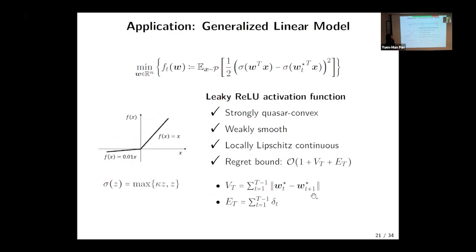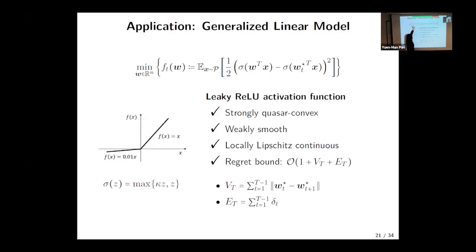Now let's look at some applications using our results. The first application is the generalized linear model. We have some input X and some output, which we model as an inner product of some ground truth and the input, with an activation function outside.